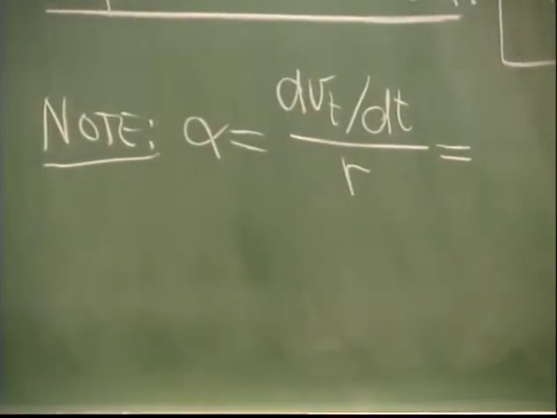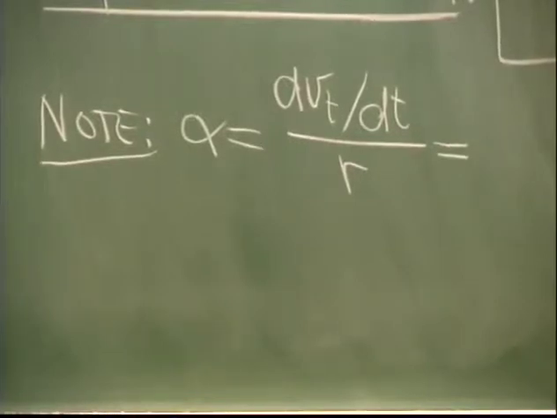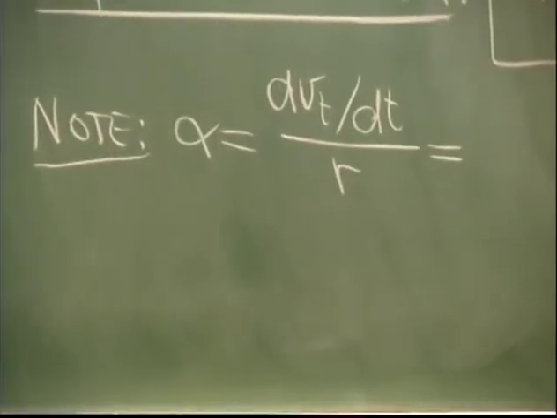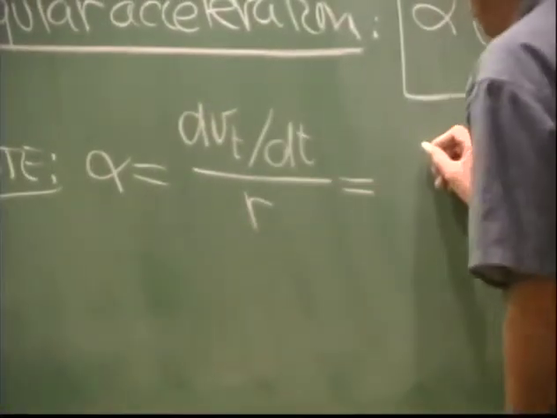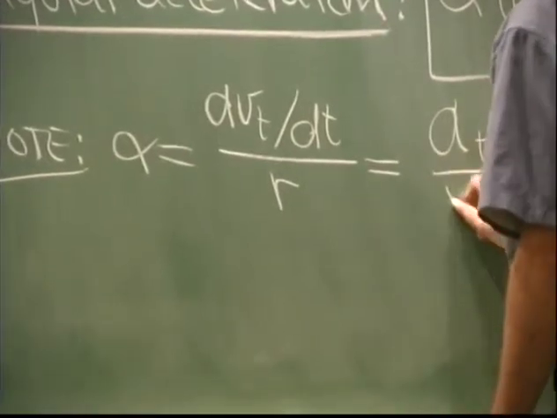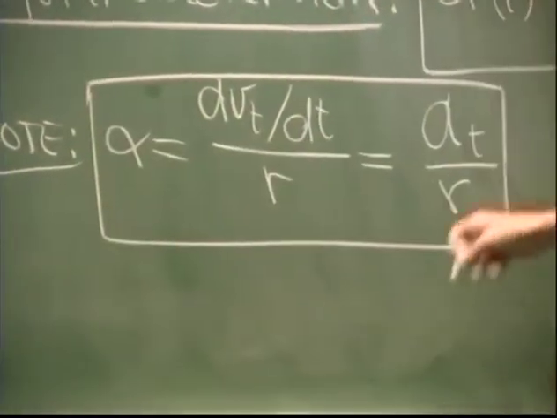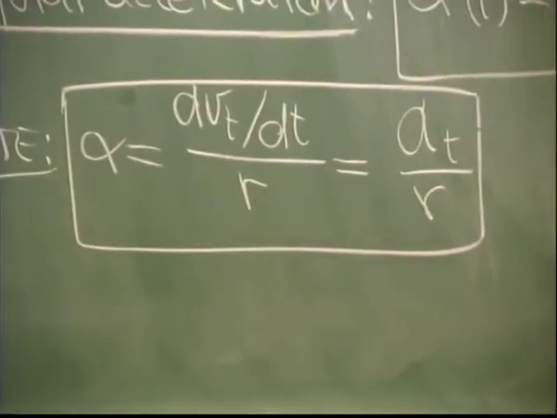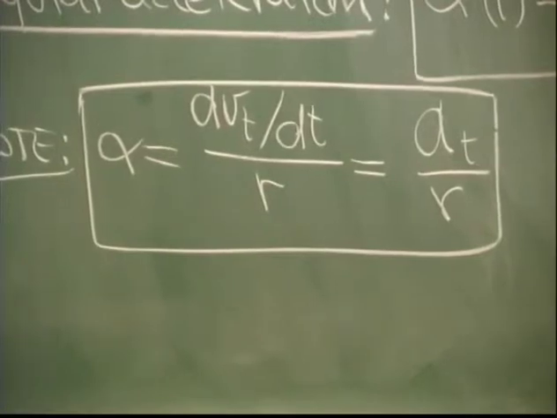The rate of increase of the tangential velocity, that's just the linear or translational acceleration of the object. So let's call it a, not alpha now, a sub t over r. So there's the connection between angular acceleration and the actual linear acceleration or translational acceleration in the tangential direction.